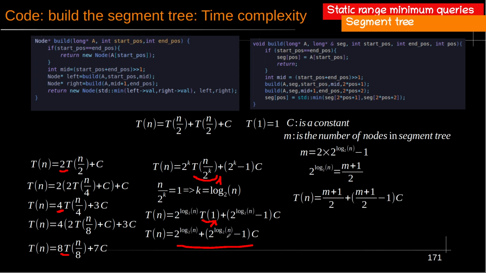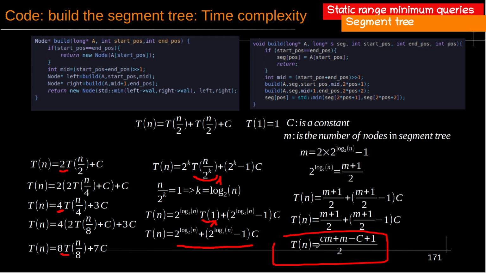So we replace the 2 power log base 2 of n in the function, and we get this formula. We can develop this to get this formula. It's very easy in math. So we have this function: c times n plus (n minus c plus 1) over 2.